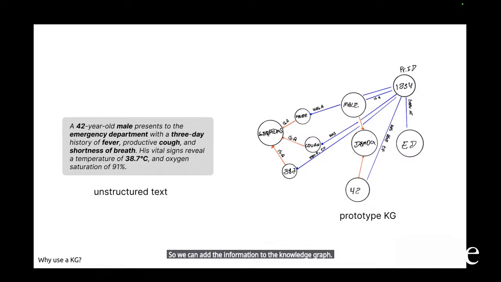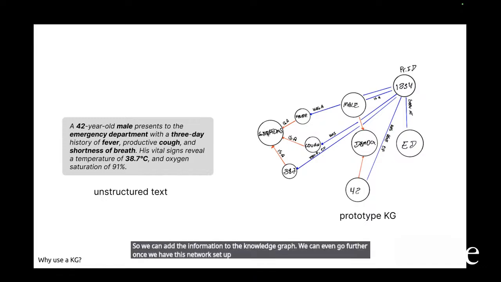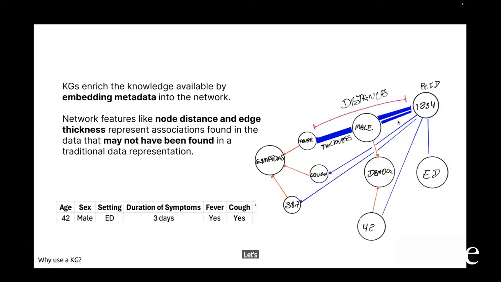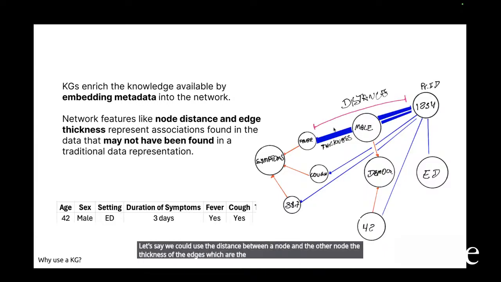We can even go further. Once we have this network set up, we can use the structure of the network in the knowledge graph to start doing some quantitative analysis as well. We could use the distance between one node and another node, the thickness of the edges, which are the associations, to actually understand how important the associations are, right?